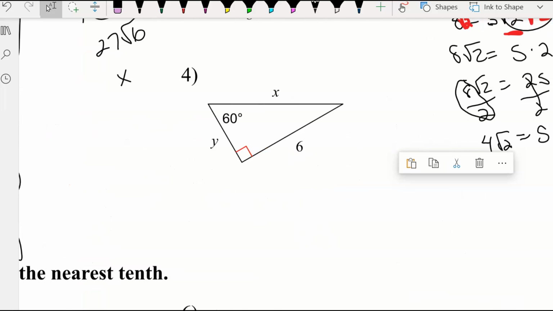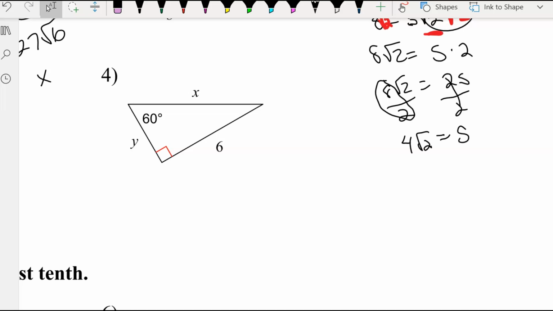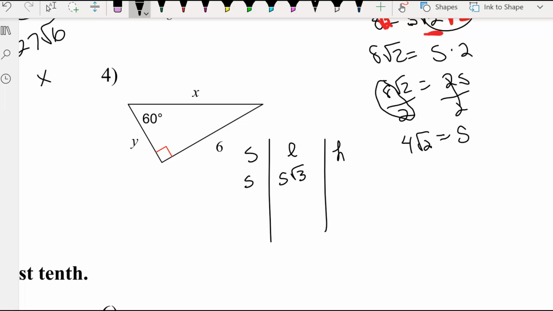You might get something like that, or you might get something like this. The long side is 6, S radical 3, 2S. The hypotenuse is twice as big as the short side. So in this case, your 6 is S radical 3.